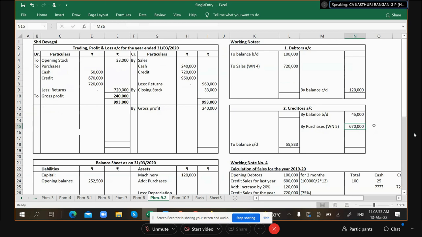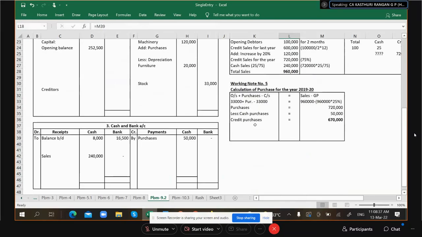This is 12-month purchase, so this is 1 month purchase, that is creditor. Total credit purchase is 6,70,000, so at the end of the year, there will be 1 month credit, 55,833. That will be the closing creditor.